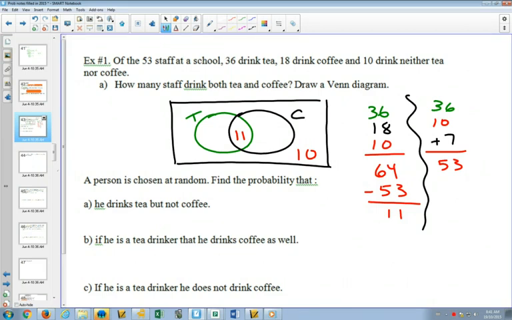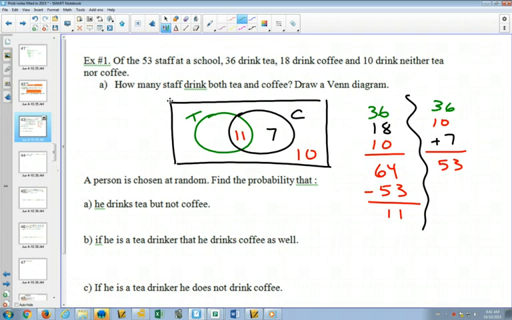Now, if I think about my circles, the 36 is the entire green circle. The 10 is on the outside. The only thing that hasn't been counted is this 7 right here. And so I could have figured that out first. And if I had that 7 first, then I could get the 11 in the middle after that. How many people did something like that to start off? All right. Either way, you figure everything out here.